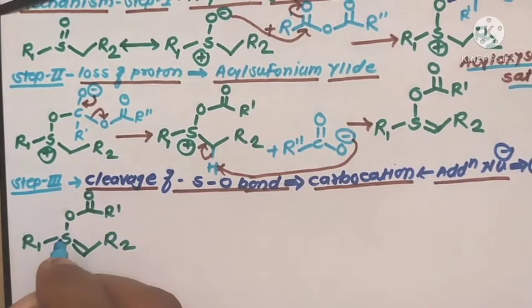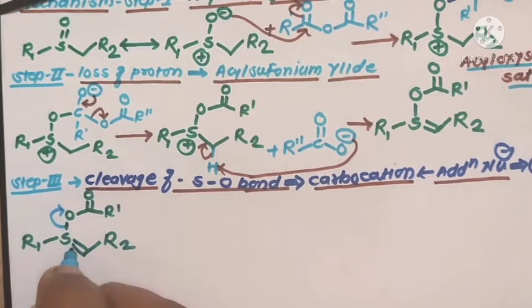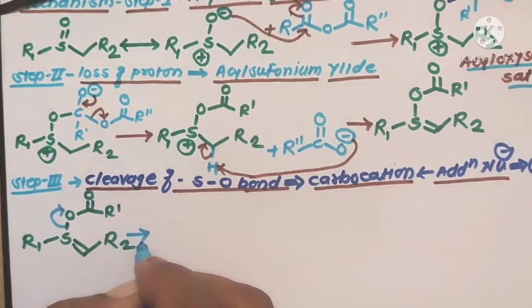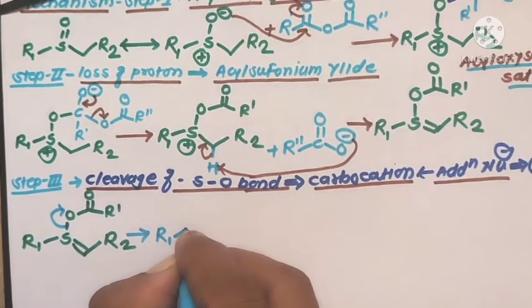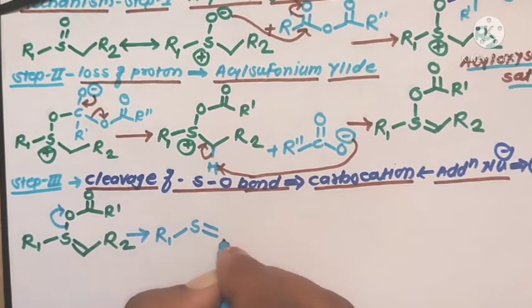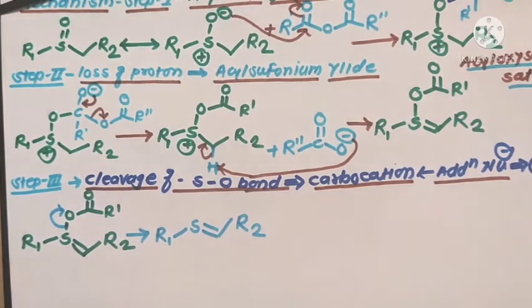Here the sulfur-oxygen bond cleavage takes place, the bonding electrons shifting toward the oxygen atom. There is breaking of the sulfur-oxygen bond to form a molecule like R1 S double bond, here R2.